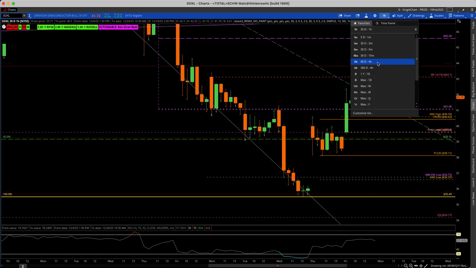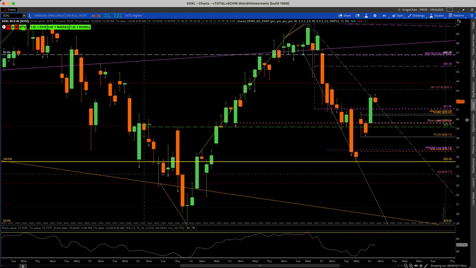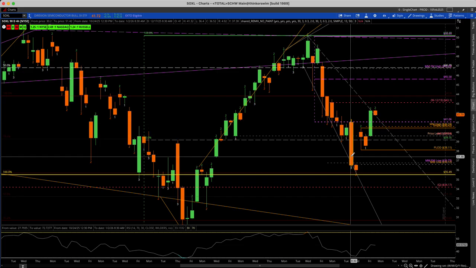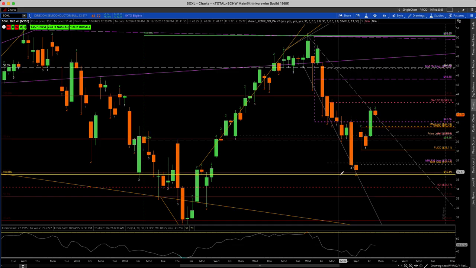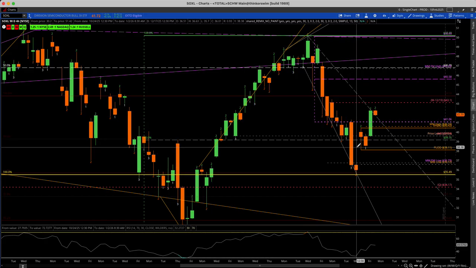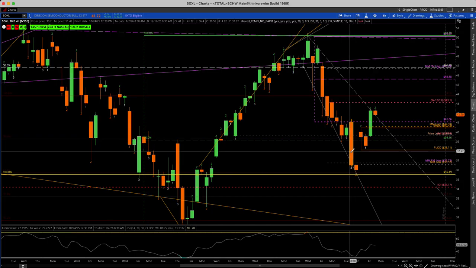Now we've got to go to the 4 hour. If we look here, yes, we've made a higher high if we're counting this as a solid lower high. I'm sorry, this bearish engulfing candle. Most of the time we like to count those as soft lower highs or soft higher lows, because it all happened in one candle.